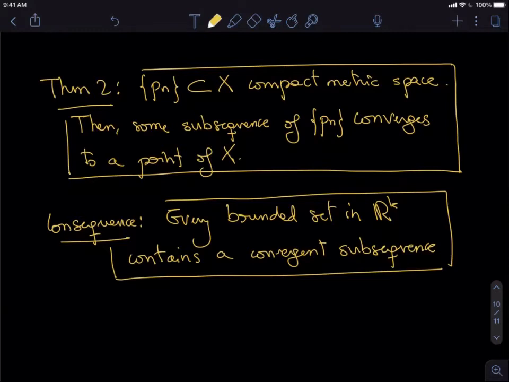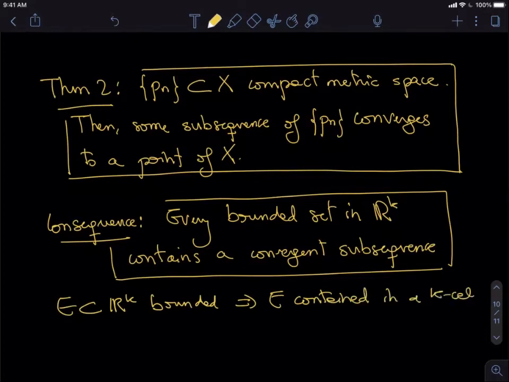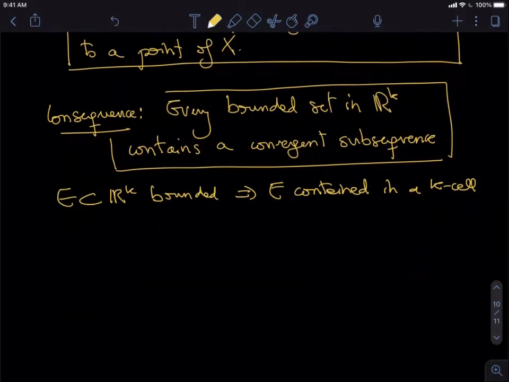This follows because whenever a set E contained in Rk is bounded, that implies that E is contained in a k-cell, a rectangular prism in Rk, and we saw that these were compact. We saw this in a previous video.